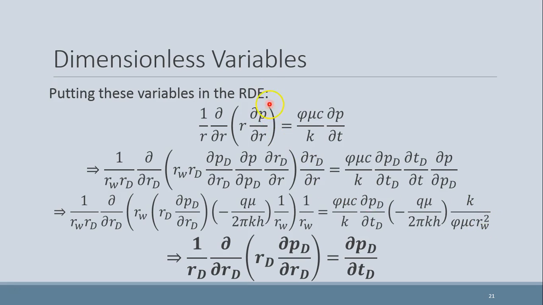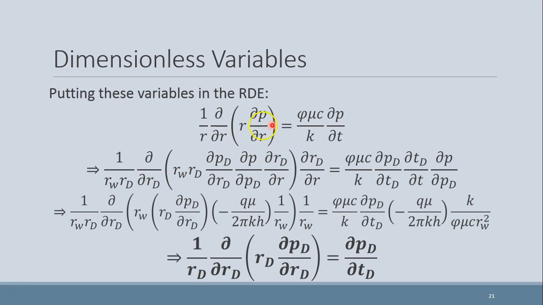So now we will put these variables in the linearized form of the radial diffusivity equation, which will be 1 by r del by del r of r del P by del r is equal to phi mu c by k del P by del t. So we write r as rw into rD. Del by del r can be written as del by del rD into del rD by del r.